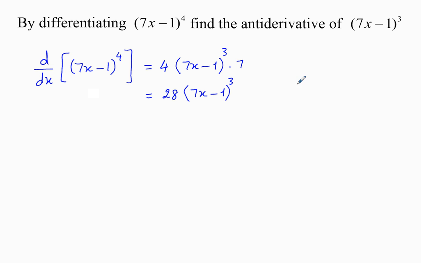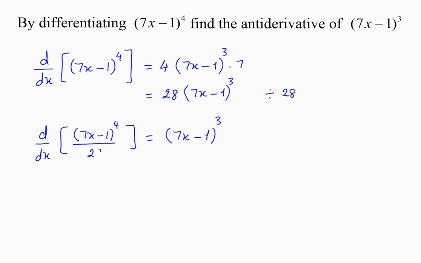The question wants to find the antiderivative of this bracket only, so I need to get rid of the 28. So if I divide by 28 both sides, I get 7x minus 1 all to the power of 3. Here the derivative with respect to x of 7x minus 1 all to the power of 4 divided by 28.